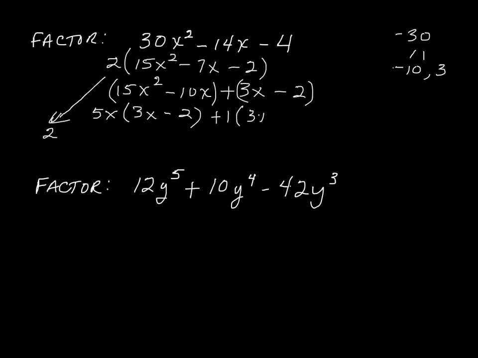Well, we have 3x minus 2, which is what we wanted. So ultimately we have 2, our 2 down here, times, we're going to bring the 3x minus 2 over and multiply that by 5x plus 1. And that's your ultimate answer.